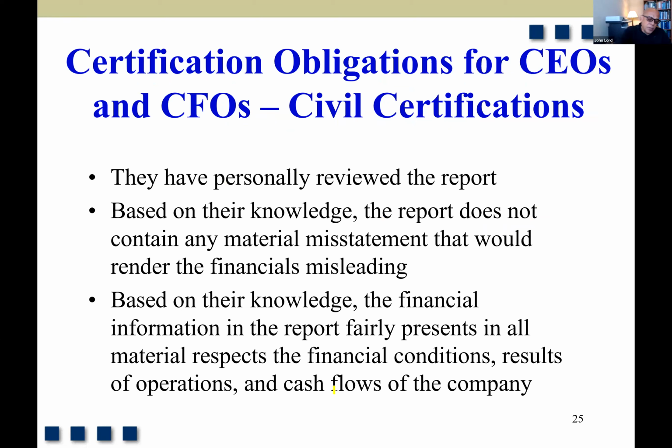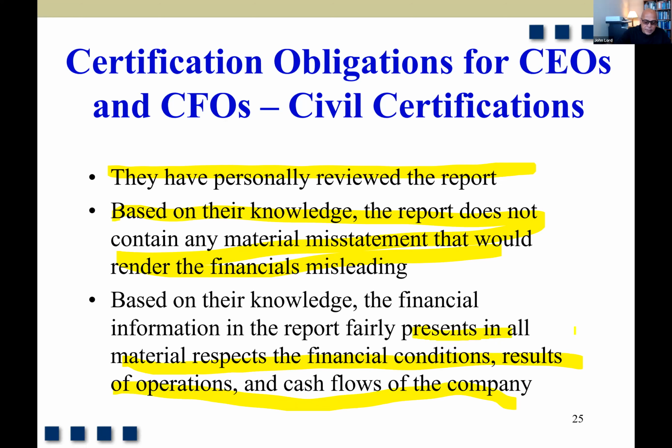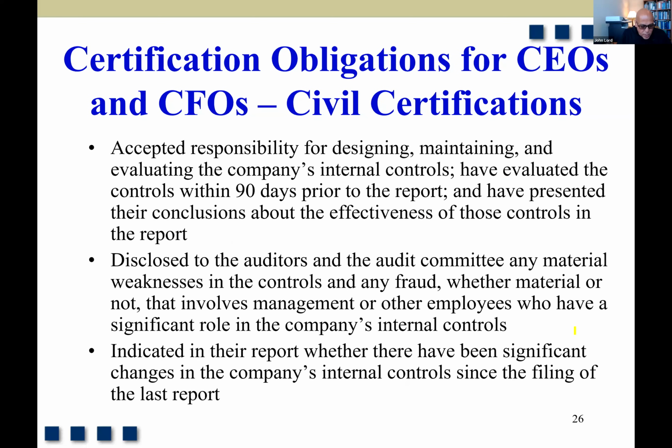The idea is that that will push down to other employees in the company. The CEO, CFO will certify that they have reviewed that the report does not contain any misleading information, and it is correct in all material respects and whatnot. And if they violate these things, then you see some of those penalties that we saw on some of the previous pages.